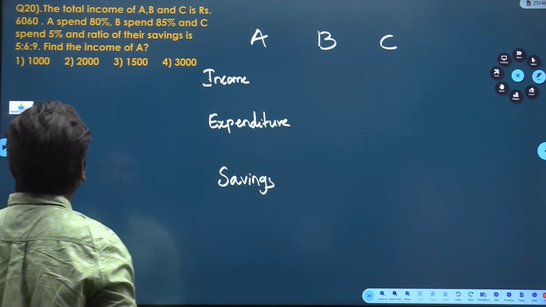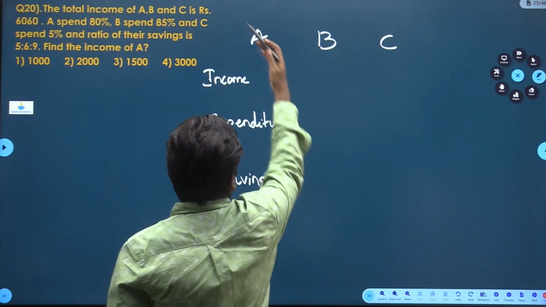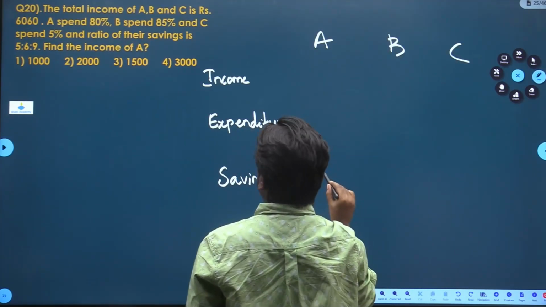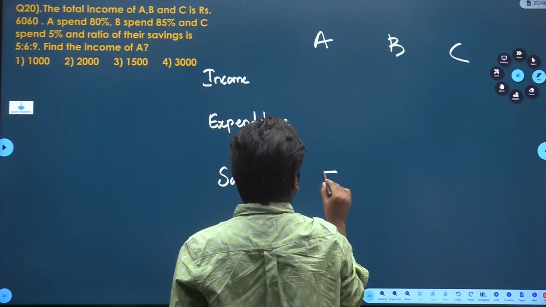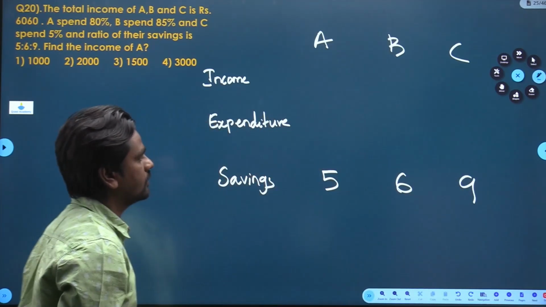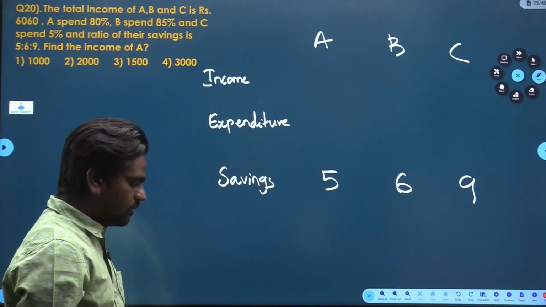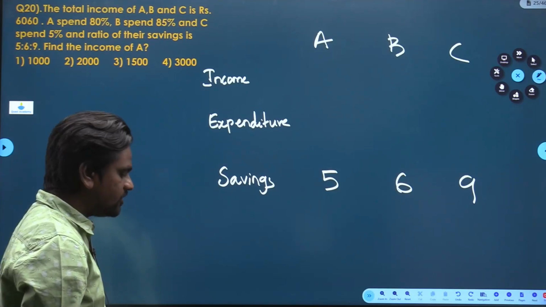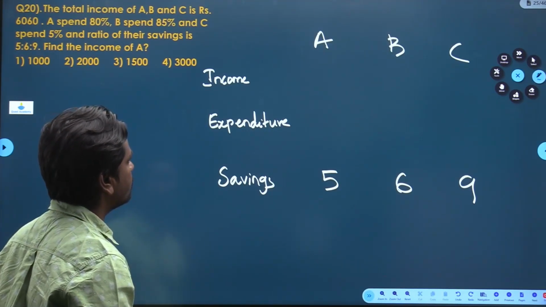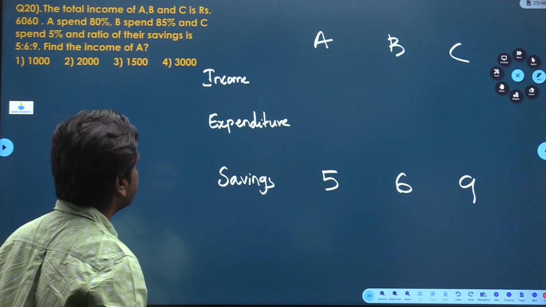Here what they have given is the ratio of their savings. So savings is given as 5. Now the income of A is not given, the income of B is not given, the income of C is not given, but their expenditure is given.